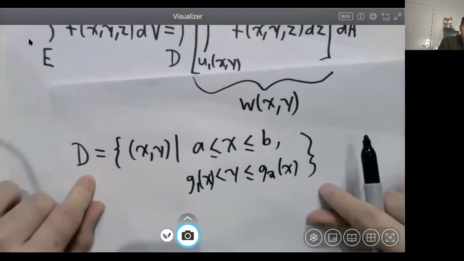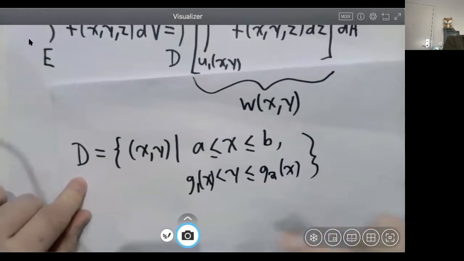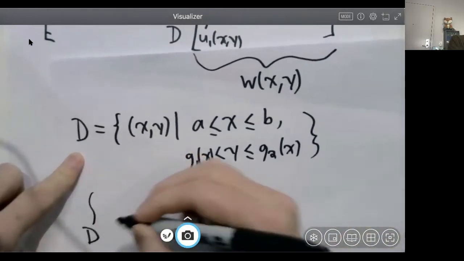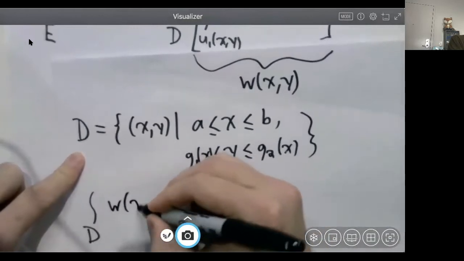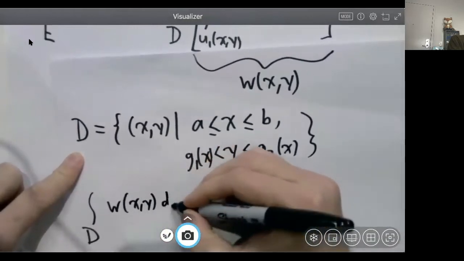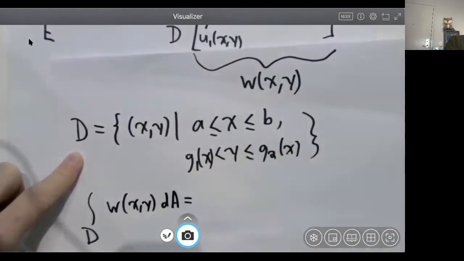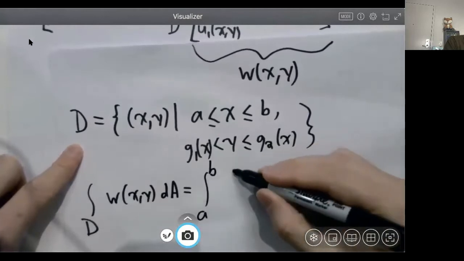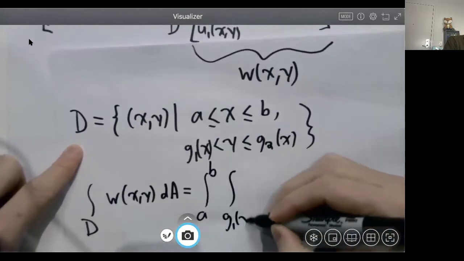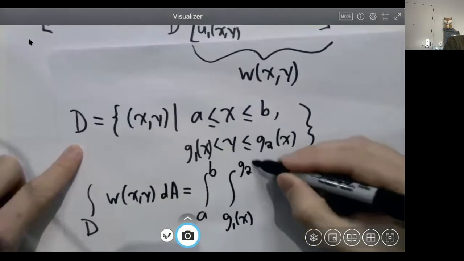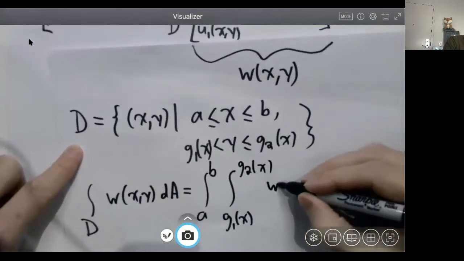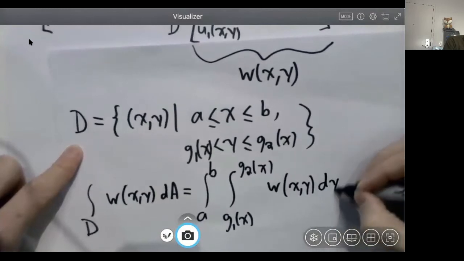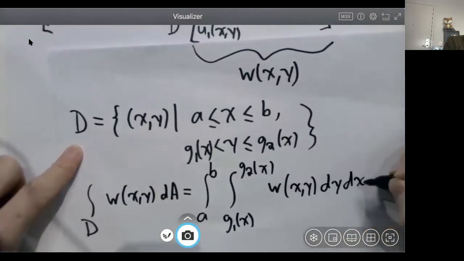If D is a type 1 region like this, then the integral over D of w of x, y dA is equal to the integral from a to b of the integral from g1 of x to g2 of x of w of x, y dy dx.